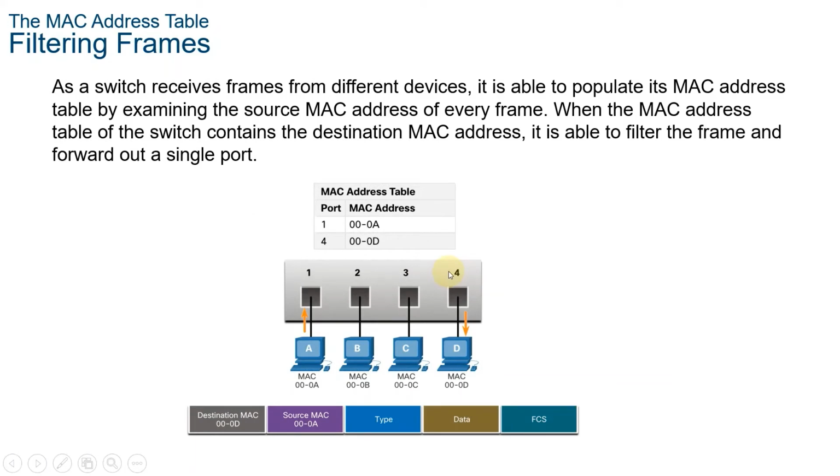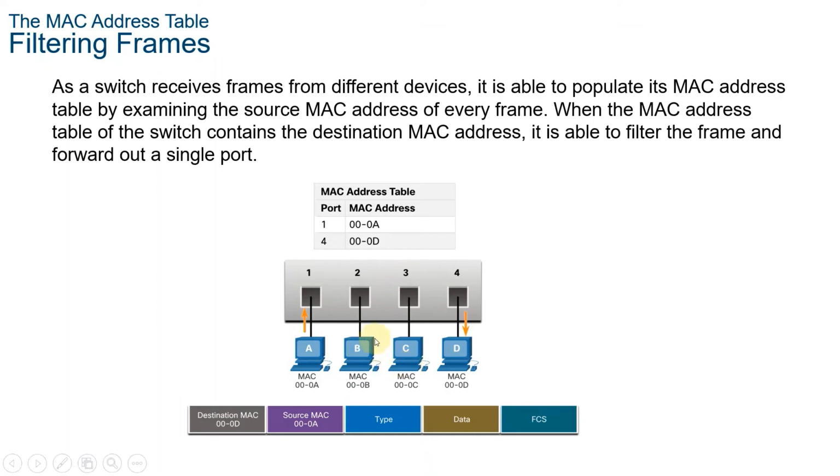Okay, so next is filtering frames. As a switch receives frames from different devices, it is able to populate its MAC address table by examining the source MAC address of every frame. When the MAC address table on the switch contains the destination MAC address, it is able to filter the frame and forward it out a single port.